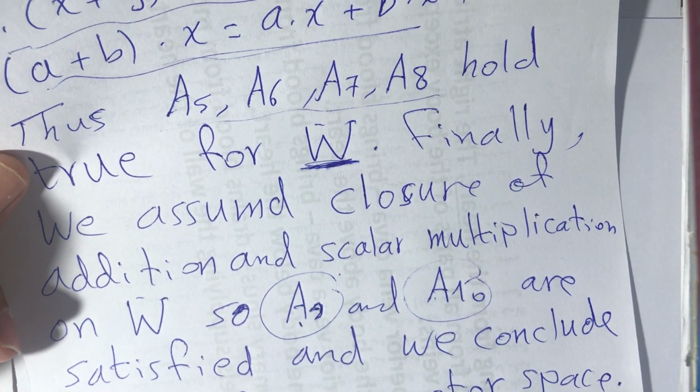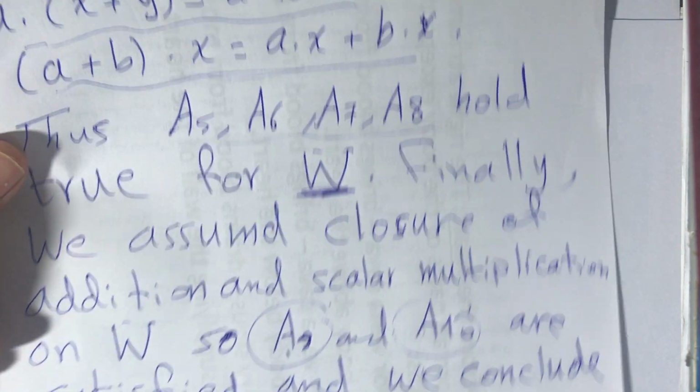So we conclude that W is a vector space of V. This is enough.